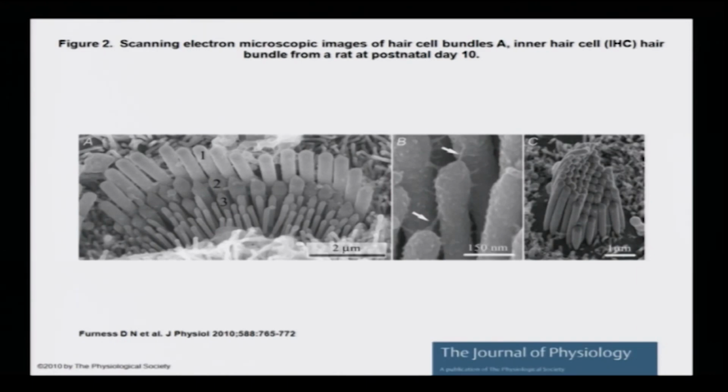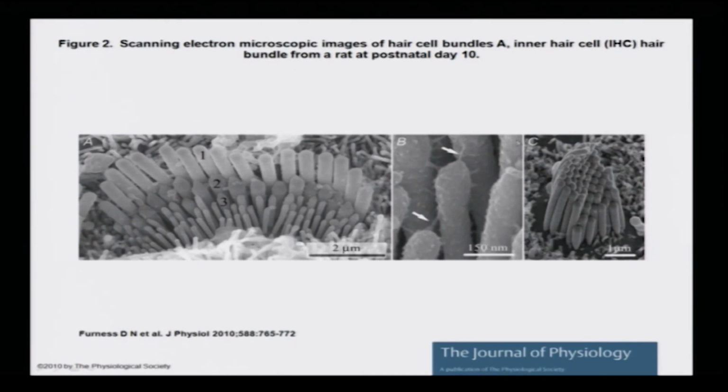This is another reference which I want you to go through, by Furness and Furness in the Journal of Physiology in the year 2010, issue 588. Please go through these, where you have a scanning electron microscopic image of hair cell bundles with the inner hair cells (IHC) from the rat, postnatal day 10.